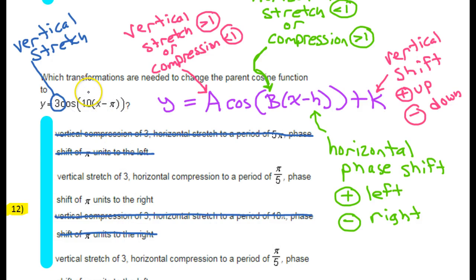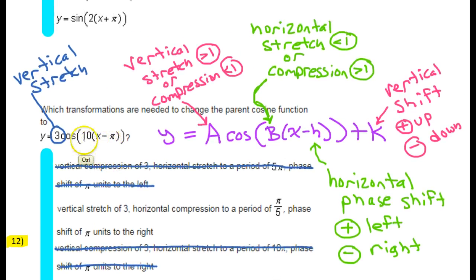Now this 10 is going to be a horizontal compression. So remember, it's going to be horizontal, but it's going to be compression if it's greater than 1. Please write all of this down. This is good notes right here. Everything I just wrote down, all of this should be in your notes. This is beautiful stuff. So anyway, this 10 right here represents a horizontal compression.